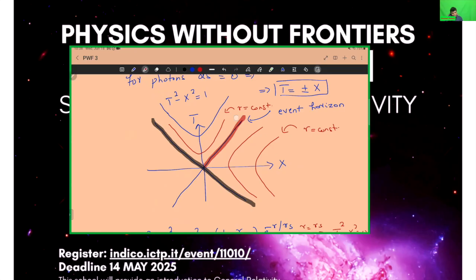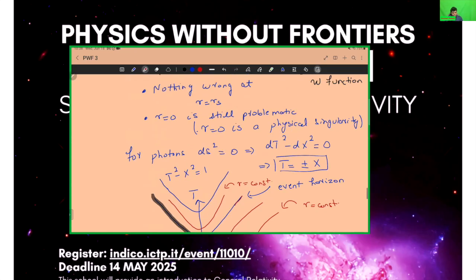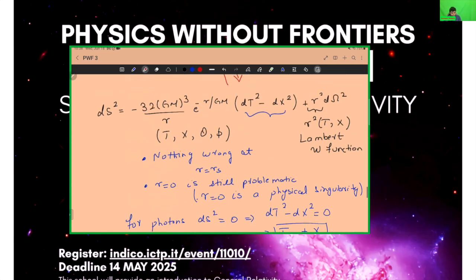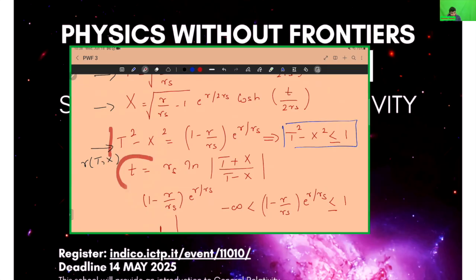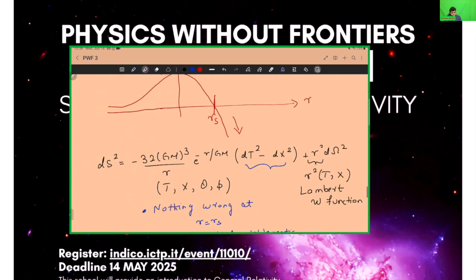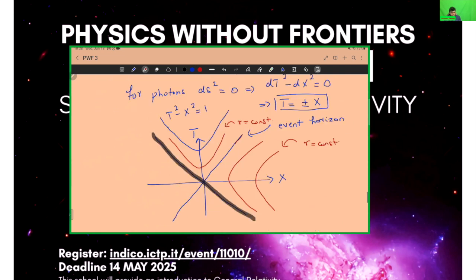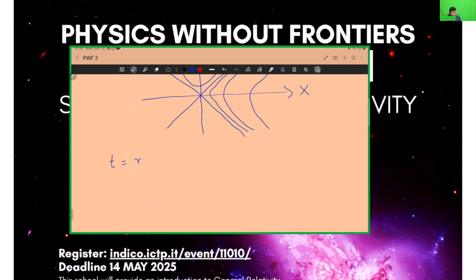What about constant time curves? Well, they are actually pretty simple. So if you take this equation, what do you get? So time equals Rs, let me copy it from this thing. Now, if t equals some number times x, whatever number that is, what this equation becomes?